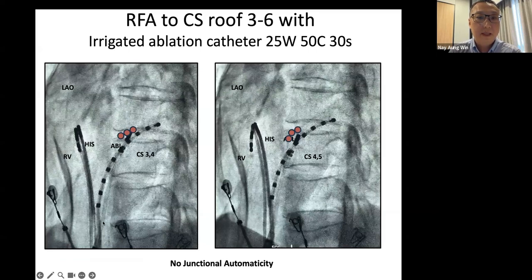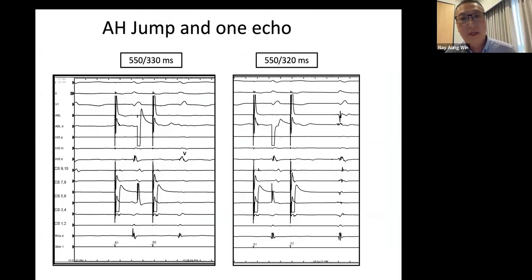RFA to the CS roof at the 3-4 and the 4-5, because retrograde RSA is sometimes at 3-4 and sometimes at 5-6. Using the irrigated ablation catheter, 35 watts for 30 seconds. And we tested again.